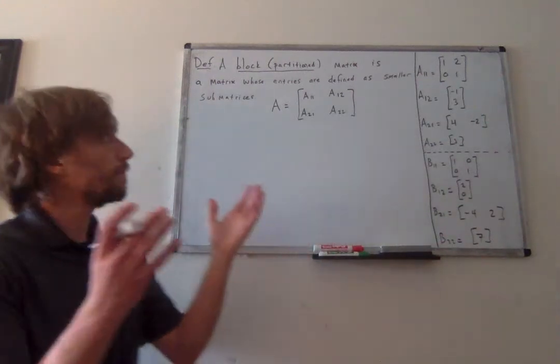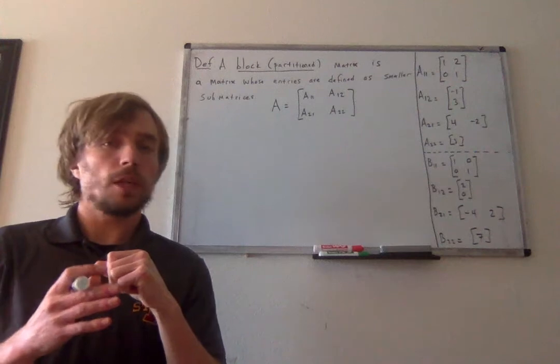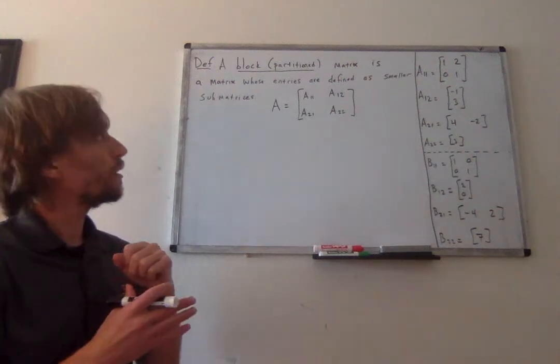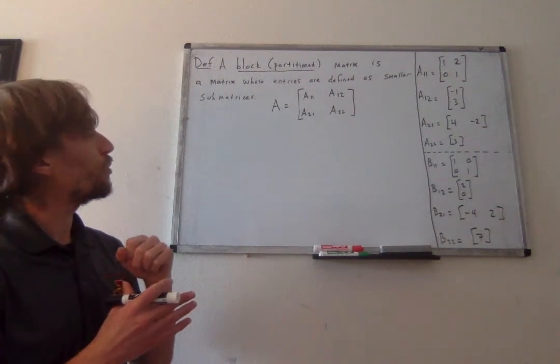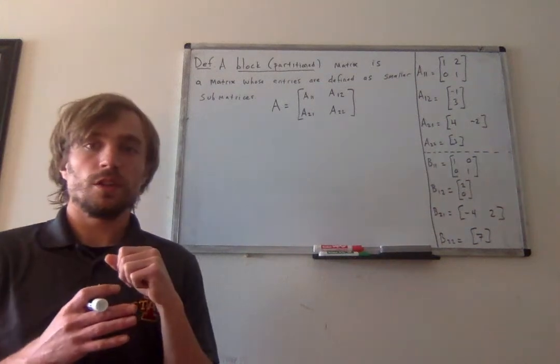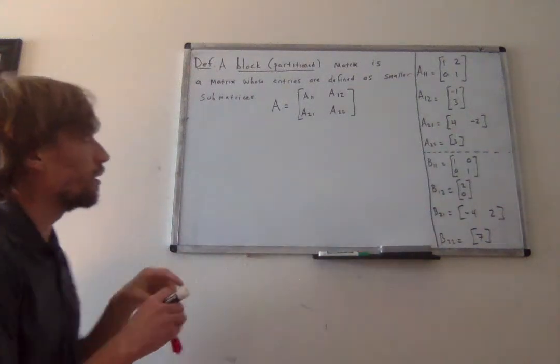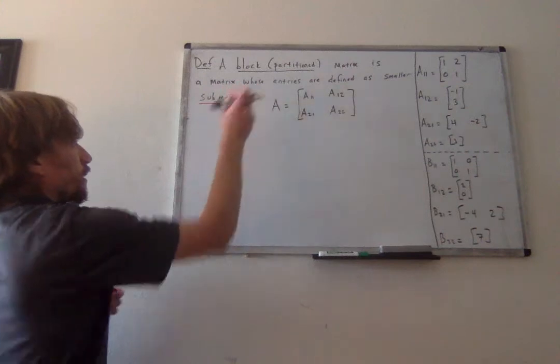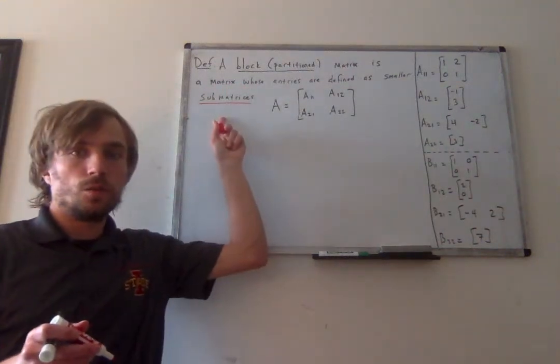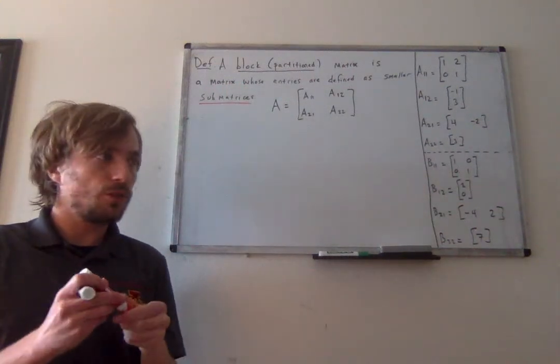So, a block matrix, sometimes also called a partitioned matrix, is a matrix whose entries are defined as smaller submatrices. We're just defining its entries as smaller matrices.